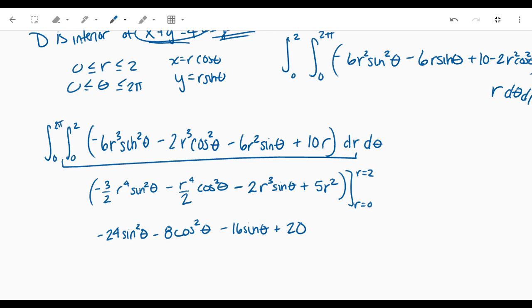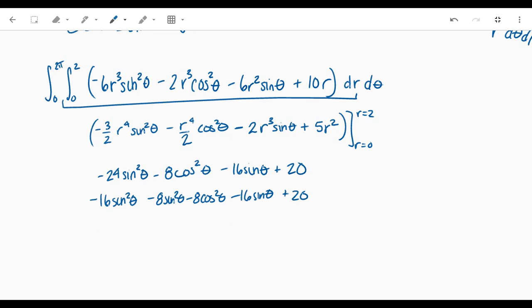Okay, and I'm actually going to do something here where I'm going to take negative 16 sine squared theta minus 8 sine squared theta minus 8 cosine squared theta minus 16 sine theta plus 20. And the reason I did that is so I could get rid of some here, and I don't have to do two trig identities.